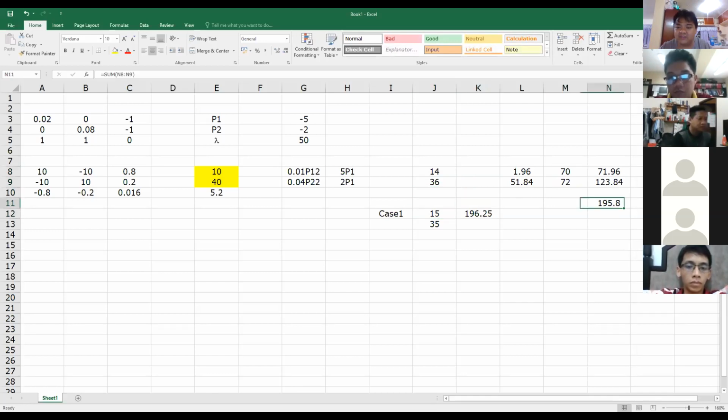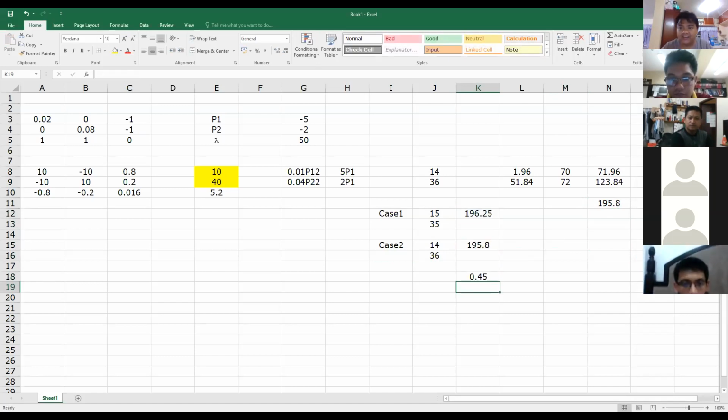Okay. So, yung case 2 is 14 and 36. Okay? Yan yun. So, we'll get the difference nung cost.